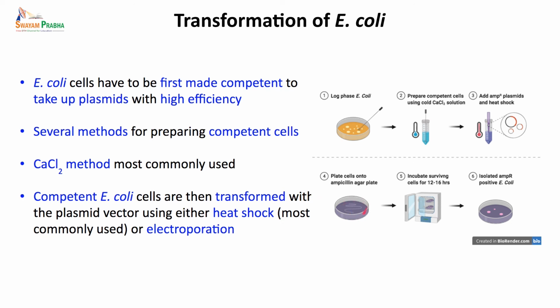So you will have these plates, you incubate them anywhere between 12 to 16 or even up to 18 hours, but not longer than that, because longer incubation time will produce two problems. One is that if it is ampicillin resistance you're looking for, then ampicillin gets degraded, as I told you, and therefore satellite colonies will start appearing.